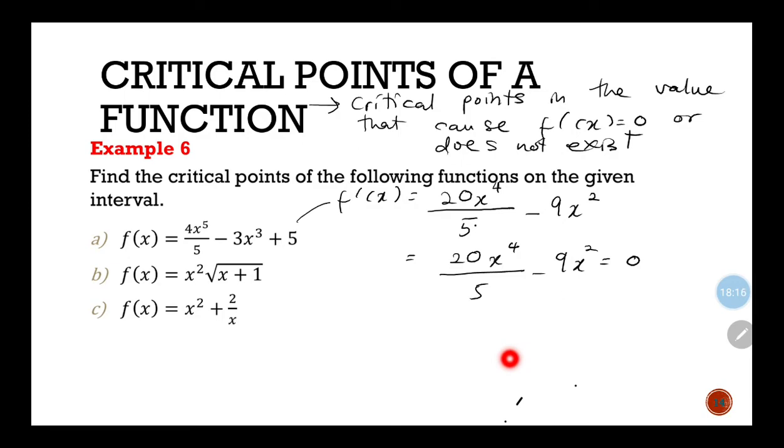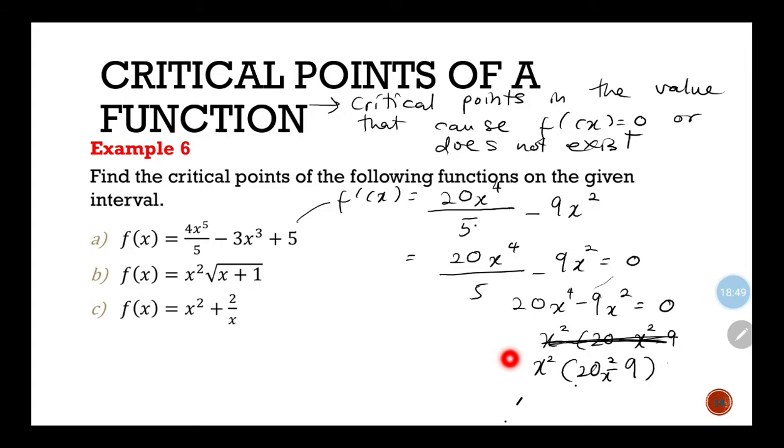The 5 brought up here will be 0. So we have 20x to the power of 4 minus 9x squared equal to 0. So put together x squared and 20x squared minus 9 equal to 0.